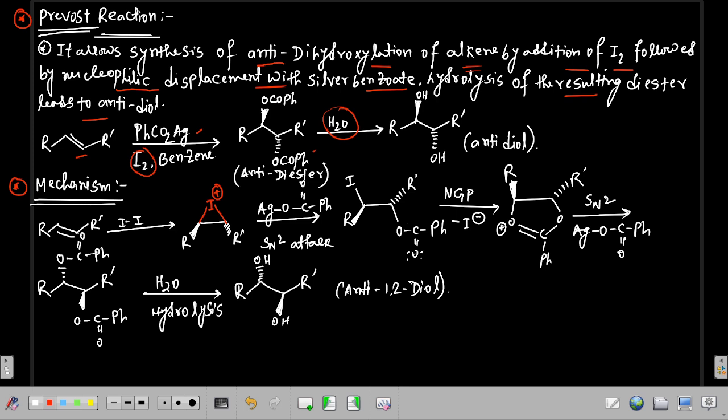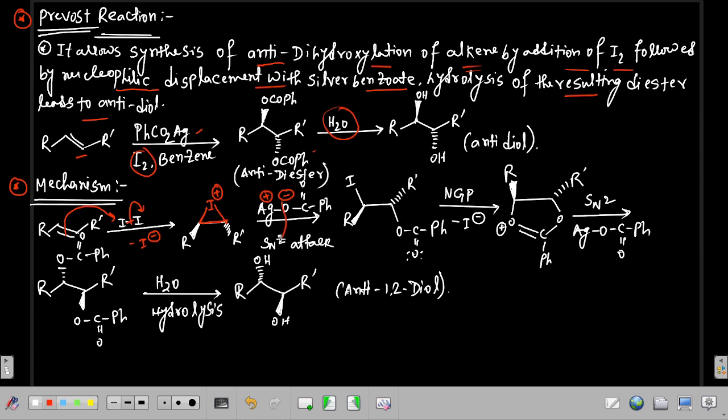So this alkene has a double bond, so this double bond will attack the iodine. This iodide ion will leave, and it will form this three-membered cationic species. Next, silver benzoate will be present as silver plus and O minus.